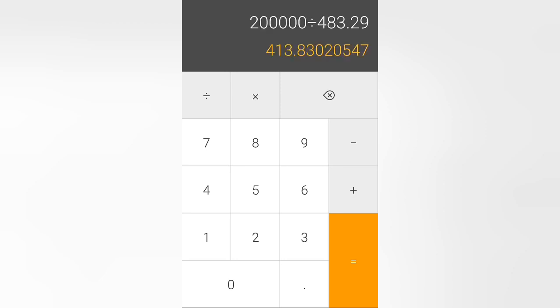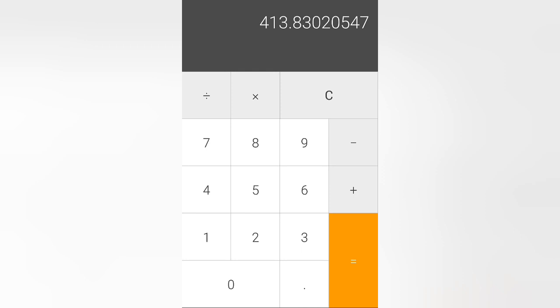It would be 200,000 Naira divided by 483.29. You are going to get exactly 413.83 USDT. That means when you buy 200,000 Naira worth of USDT right now for 483.29, you will get about 413.83 USDT. Understand? Now I am going to show you how you can make mad profit from all this.